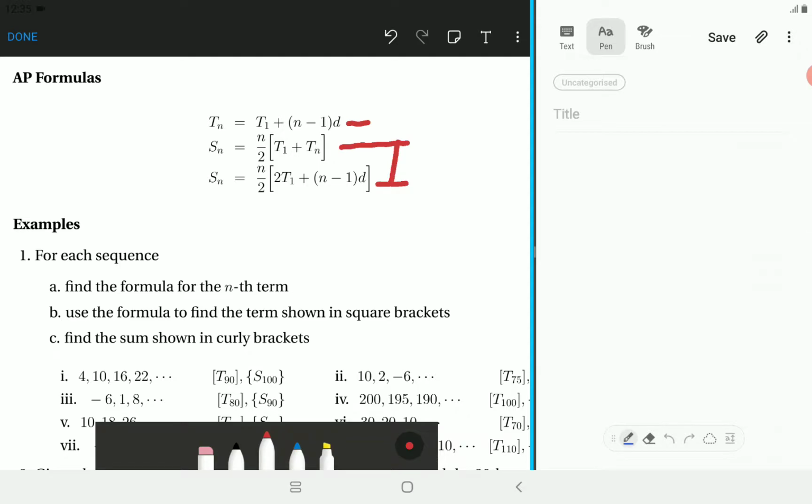All right, so in number one, we're going to find the formula for the nth term of a given arithmetic sequence. Then we're going to use the formula to find the term that they indicate. Then we're going to find the sum of the first n terms, which is indicated as well.